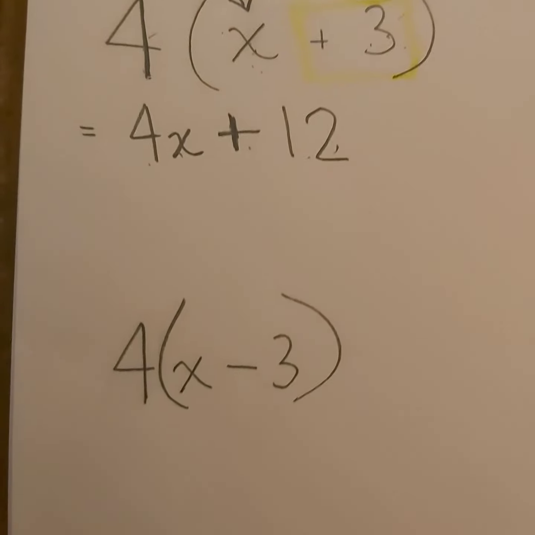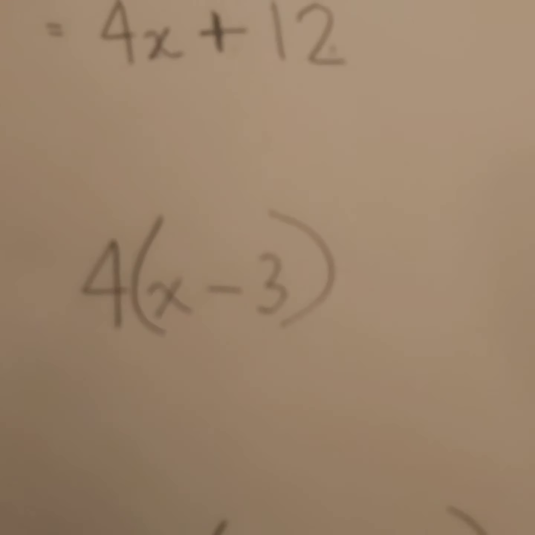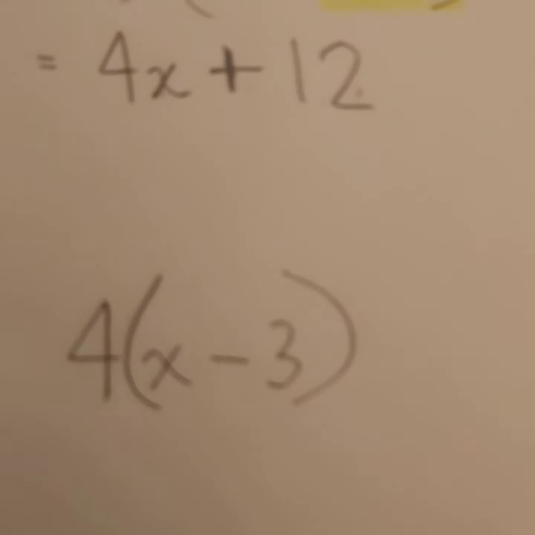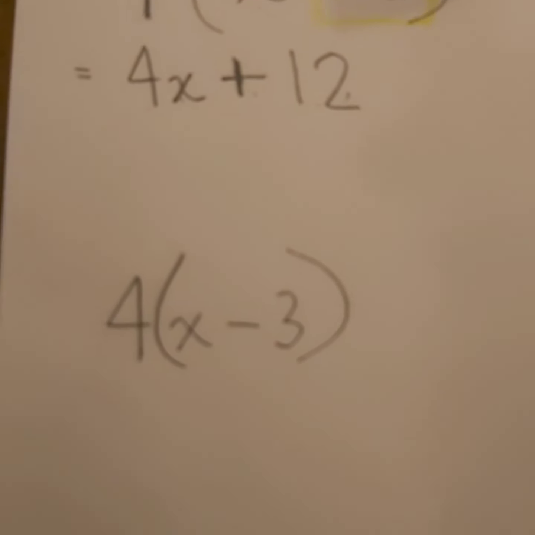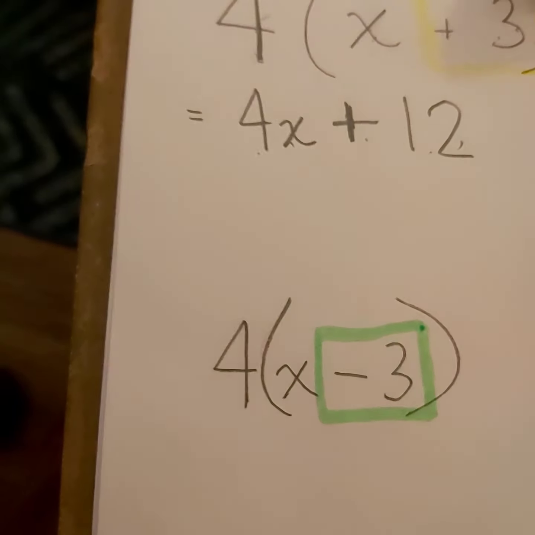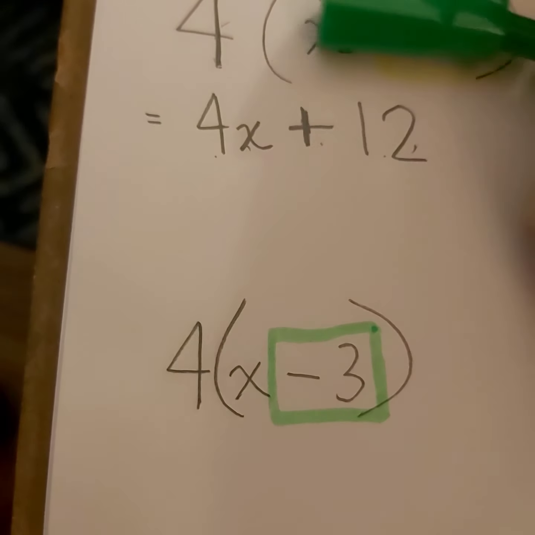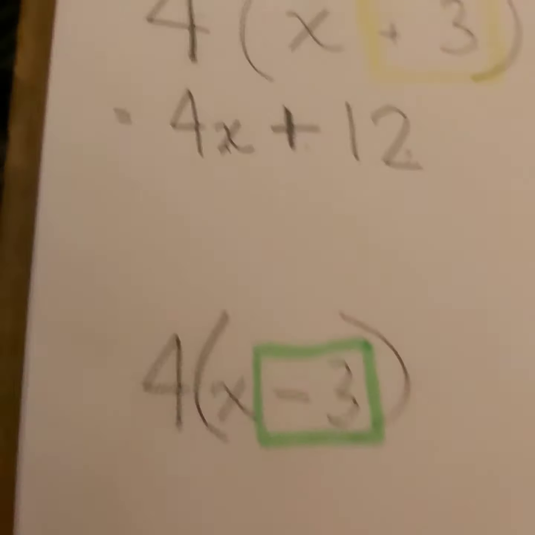Okay, now looking down here, I'm going to try this one. Okay, this one's a little different: 4 times bracket x minus 3. So it's that negative sign, that negative 3, that's going to change how I do this. Okay, and I'm drawing the box around it just to remind myself that I need to include the negative sign as part of the term to be multiplied.